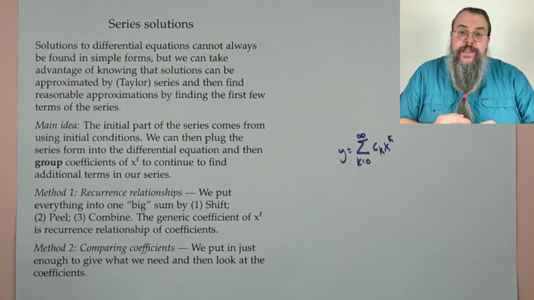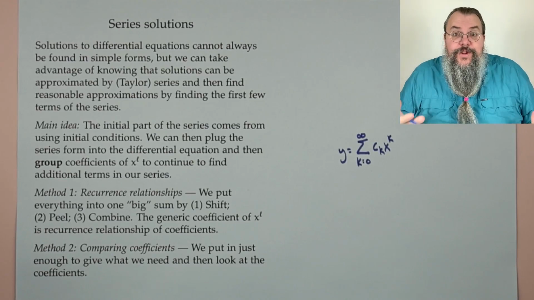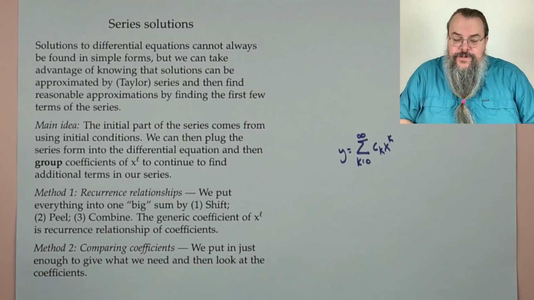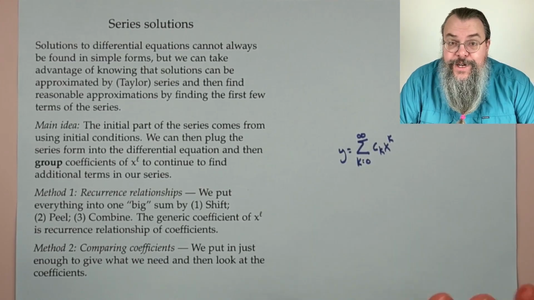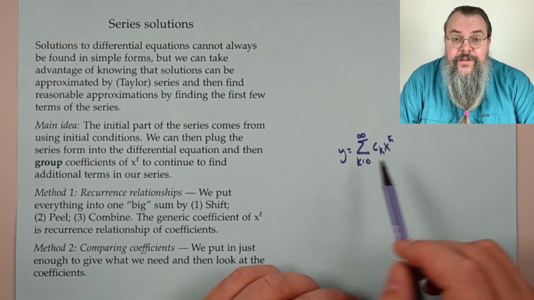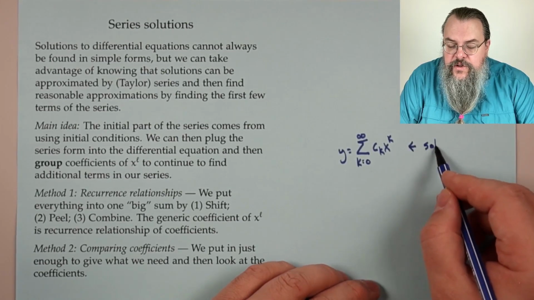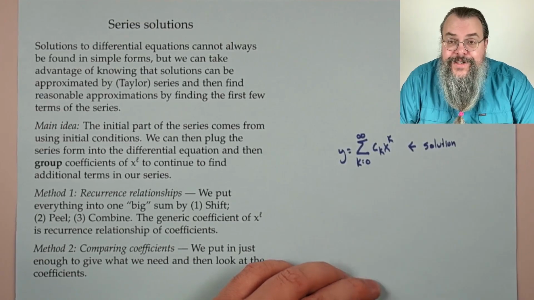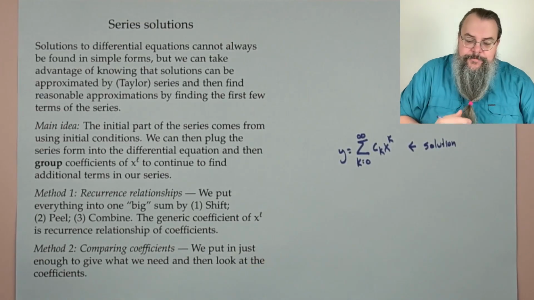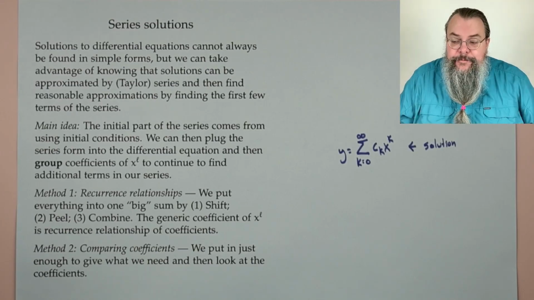Well, the nice thing is that most good functions, such as our solutions to a differential equation, can be written at least nearby as a series. So in other words, we could say, this looks like what our solution should be. And what do we need? Well, we need the constants, the c sub k. So how do we go about finding them?